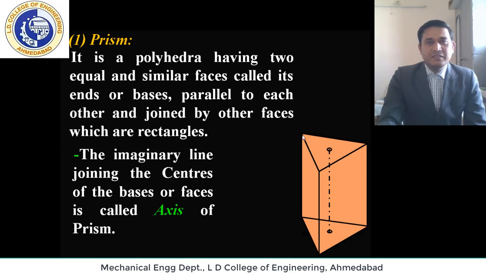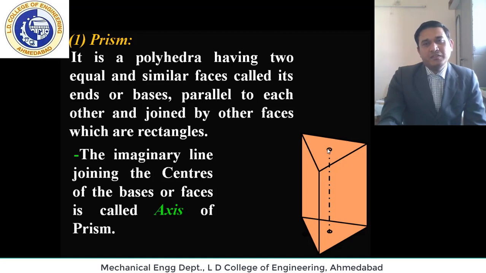These two bases, top and bottom, are joined by the rectangular faces. So in this triangular prism, we have three rectangular faces: one, this is the two, and the back side one is the third.